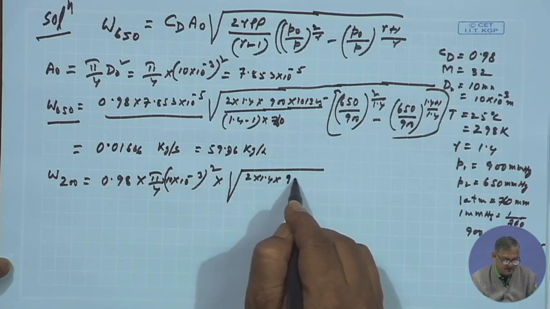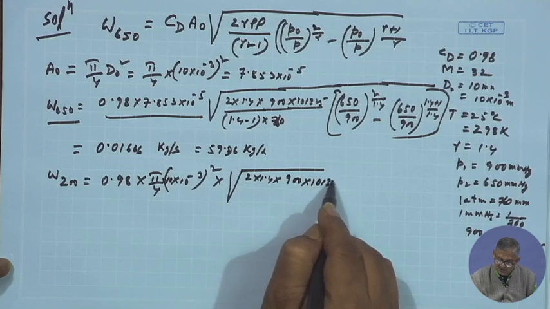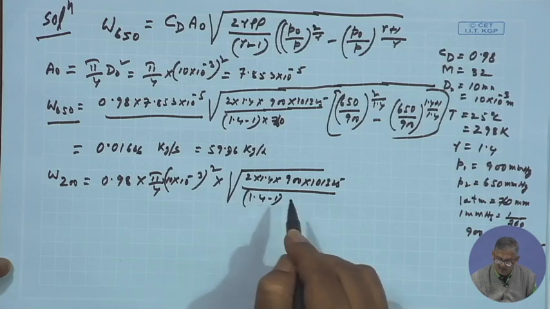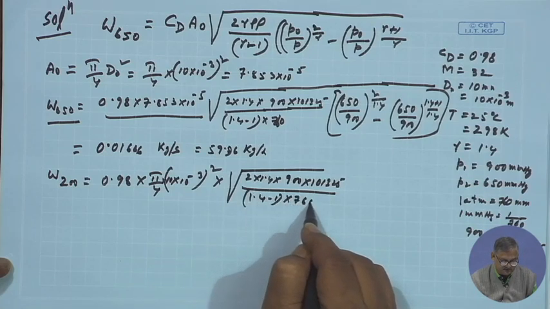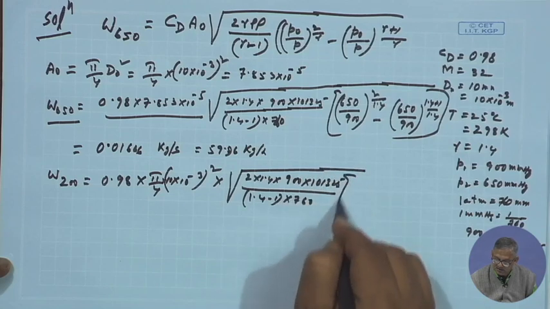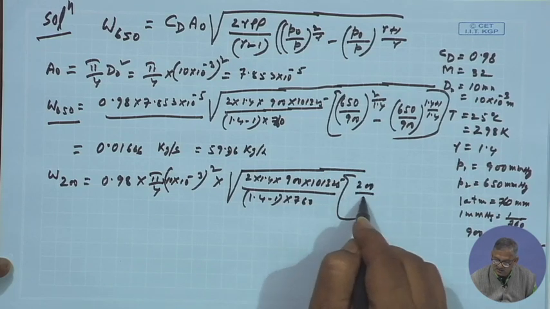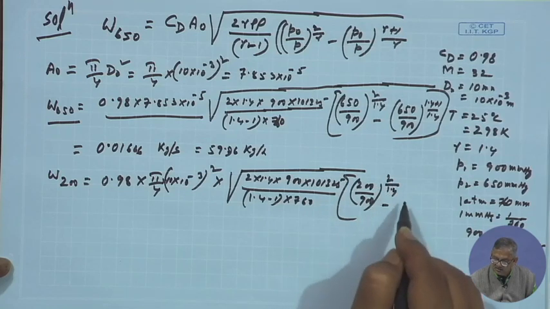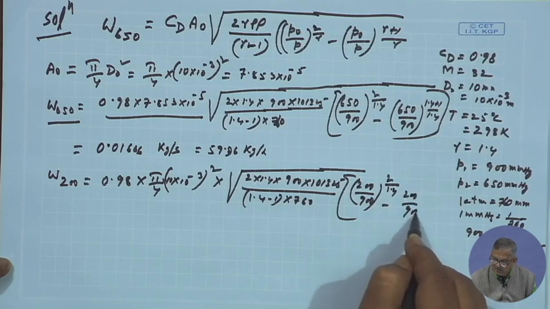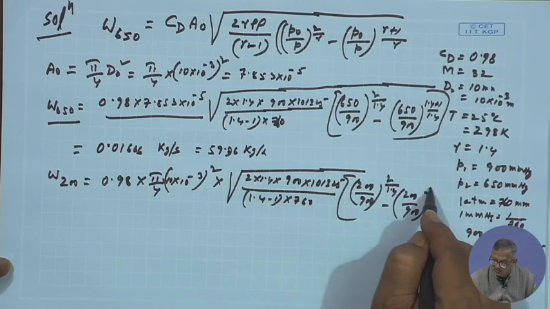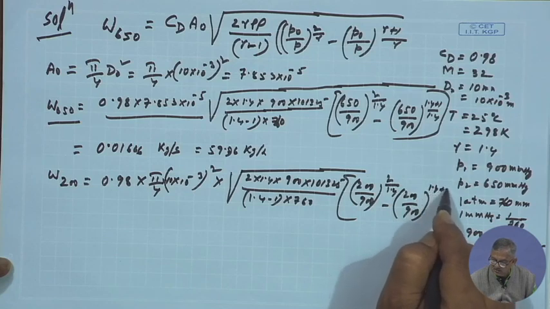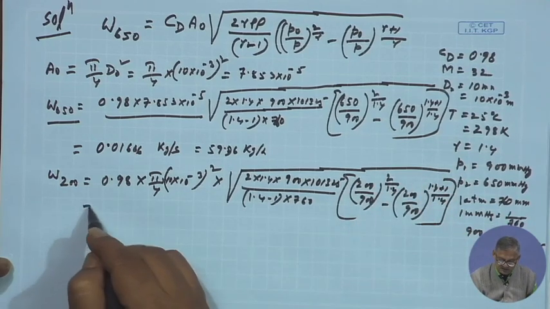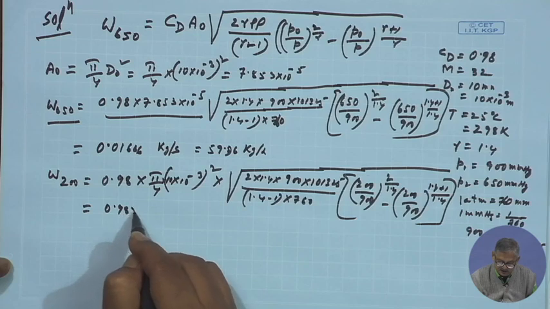So 900 into 101,325 divided by 1.4 minus 1 into 760, right? So this times, this is 200 by 900 to the power 2 by 1.4 minus 200 by 900 to the power 1.4 plus 1 by 1.4, right? If this is true, then this we have already done.